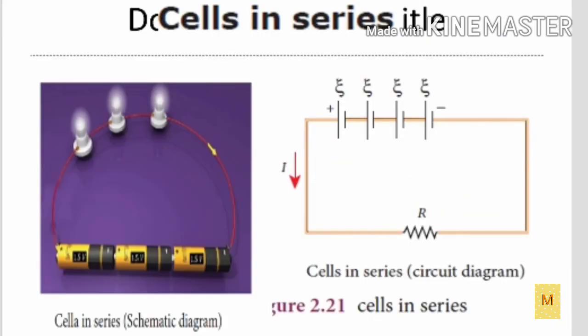Now we are going to determine the equation for current delivered by the combination of the batteries when they are connected in series. Here the circuit diagram is given for the cells when they are connected in series.